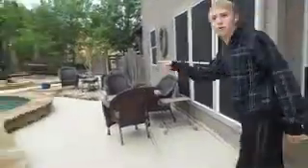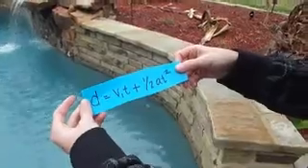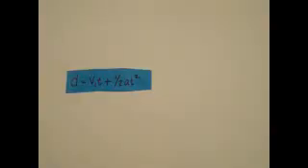I found one of Blue's clues. Look. There it is. Whoa. D equals V1t plus half AT squared. D equals V1t plus half AT squared.